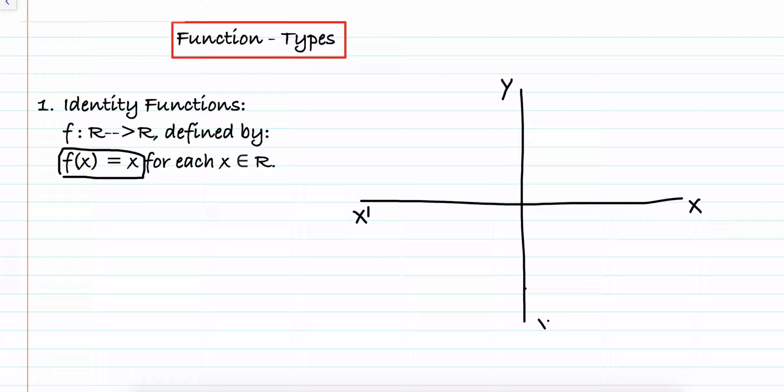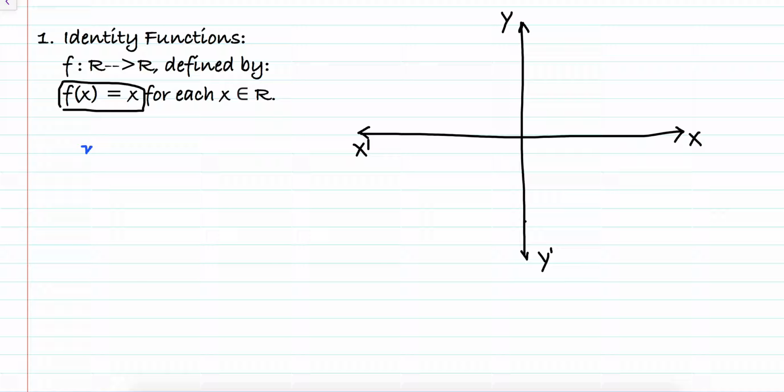And this is negative y-axis. So on y-axis we will plot f(x), the value f(x), and on x-axis we will have the value x.